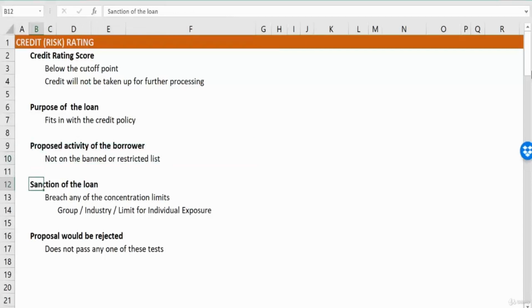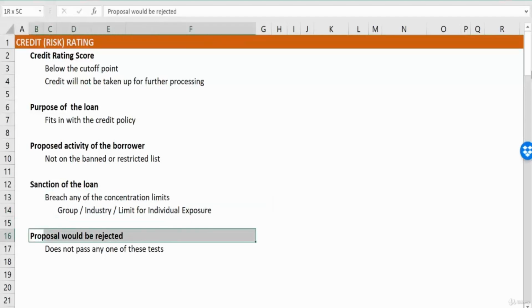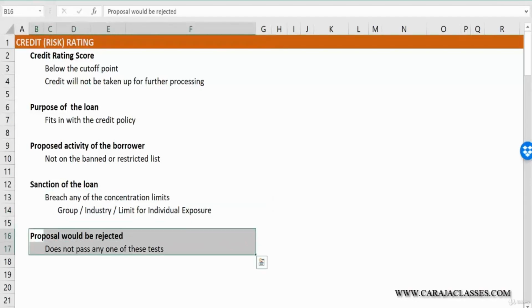Then the bank should also check whether sanction of the loan is going to result in any breach of concentration limits, because banks have limits for group exposure, industry exposure, and even individual exposure. If there is going to be any breach, then again they will not take up the proposal. So if these tests are not qualified, then the proposal will be rejected.